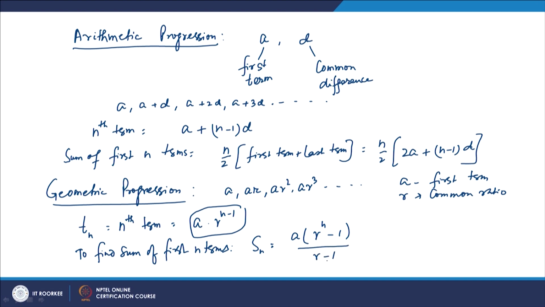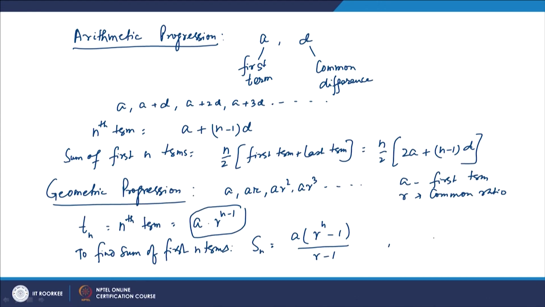This is how you find the sum of the first n terms in a geometric progression, and this is normally used when R is more than 1. If R is less than 1, you may have the case A into 1 minus R to the power n divided by 1 minus R.